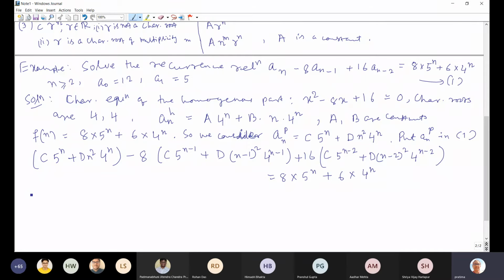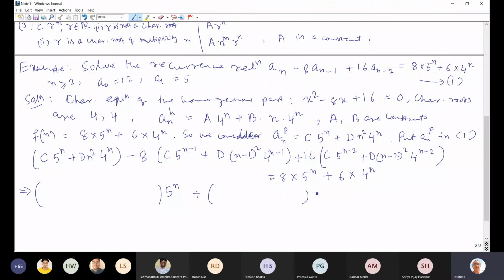So tell me quickly, in this example that I was solving, what will be the coefficient of 5 to the power n, and here what will be the coefficient of 4 to the power n.